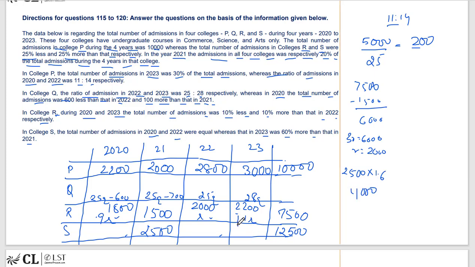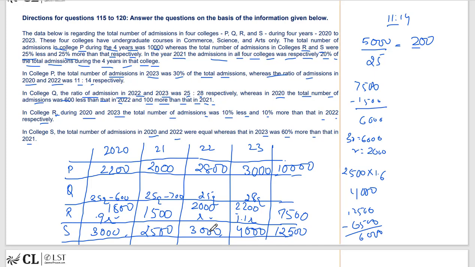So this figure is 4,000. Now, out of 12,500, 6,500 has been allotted to 21 and 23. The balance is 6,000, which is to be split equally in 2020 and 2022. So we'll get the figure as 3,000 here, 3,000 here.